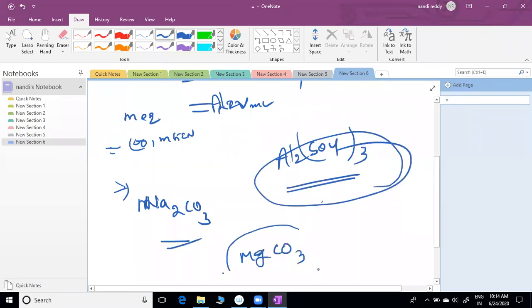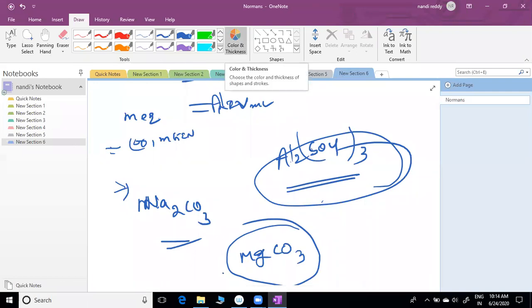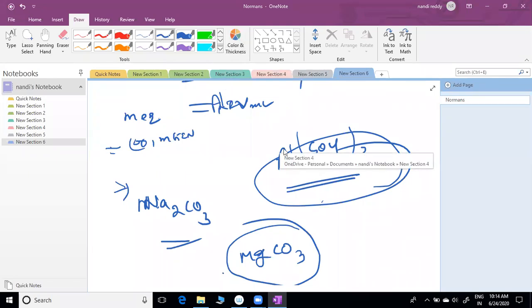What is the n factor of magnesium carbonate? How to calculate equivalent weight? What is the n factor? VRMS 11th standard, Jaya Varshini. Respond, give the answer. What is the n factor for magnesium carbonate?